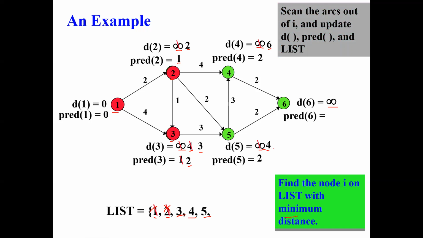So we are not going to update the distance of 5, because if we go to 5 using 3, the distance is going to be larger. We are trying to find the shortest path. So in that case, updating is not possible, because the distance up to 3, plus 3, the distance from 3 to 5, is 6, and 6 is greater than 4. So we don't update, we keep 4.